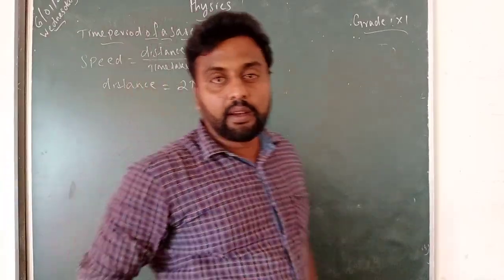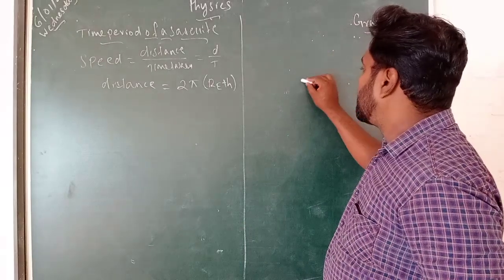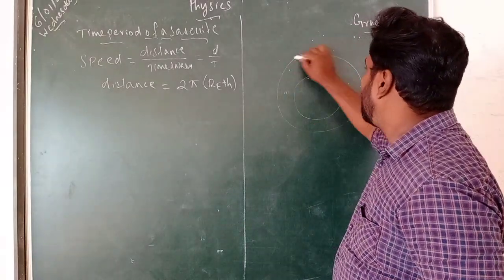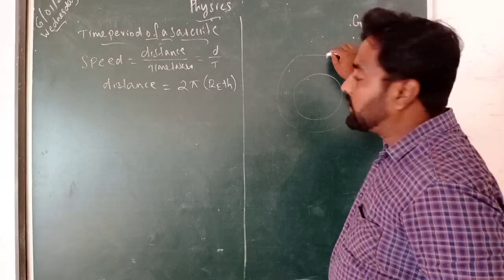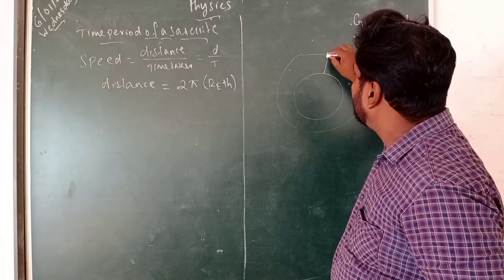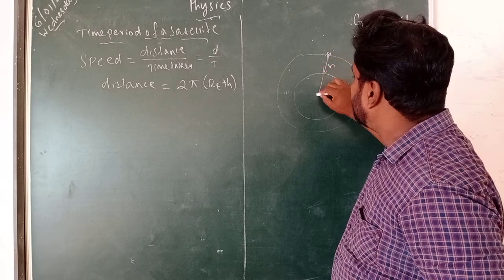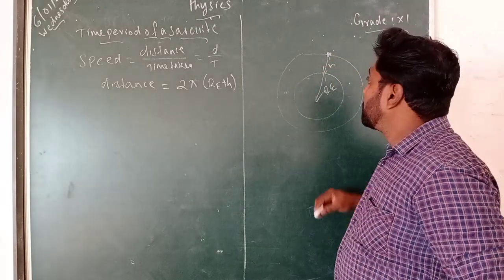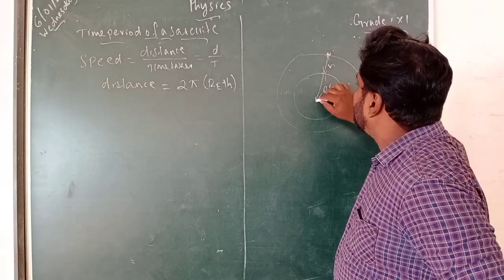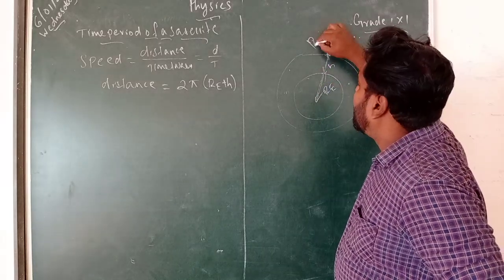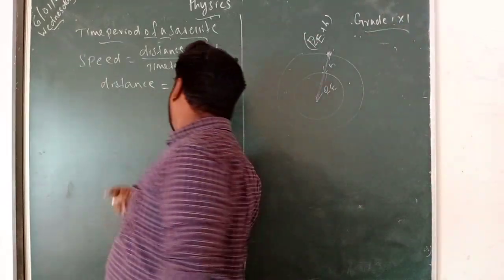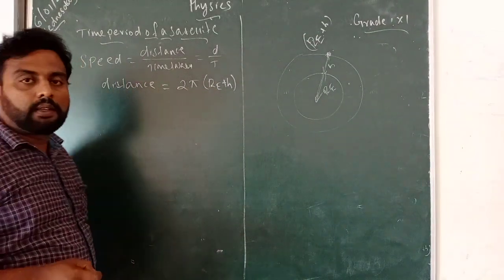Why are we taking r e plus h? This is the Earth and this is the height. The satellite moves in this orbit. This is the height, this is the radius R E of the Earth. So the satellite revolves at a distance R E plus H. That's what we are taking here, 2 pi (R E plus H).